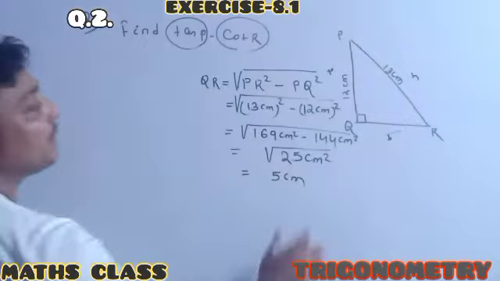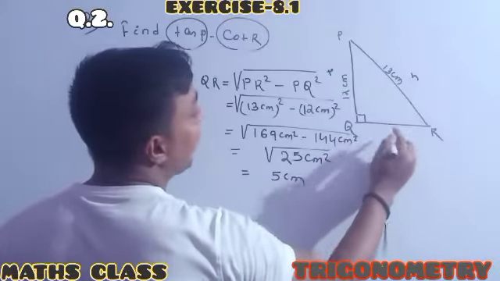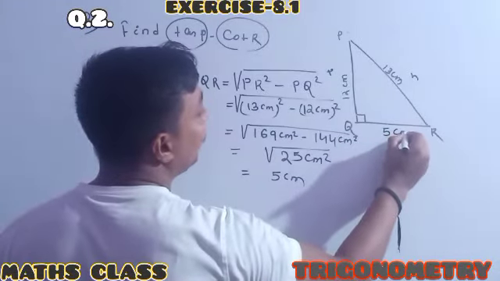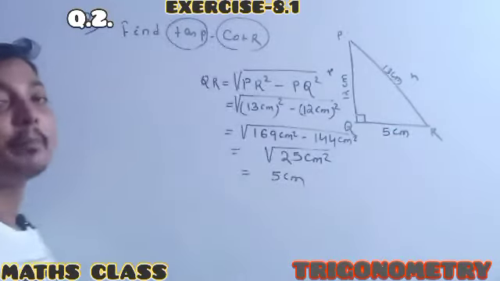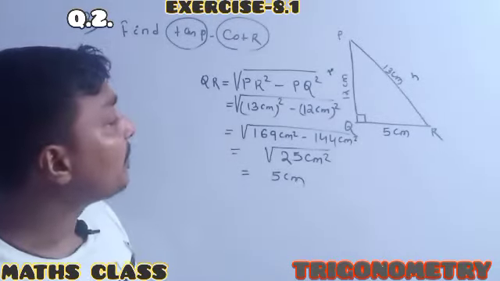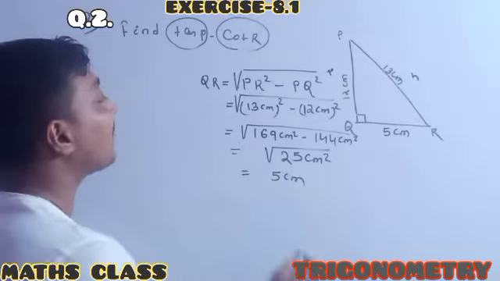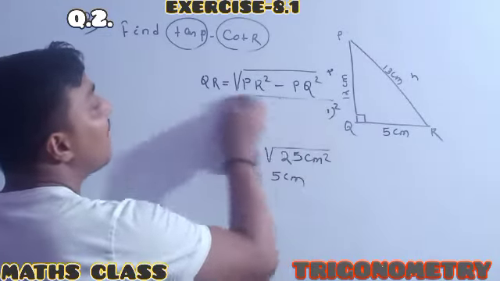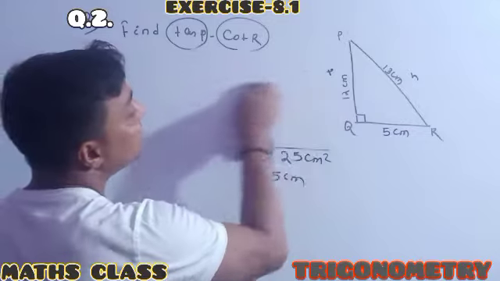It means this side is 5 centimeter, and we got it by applying the Pythagoras theorem. After getting QR, it is 5 centimeter.